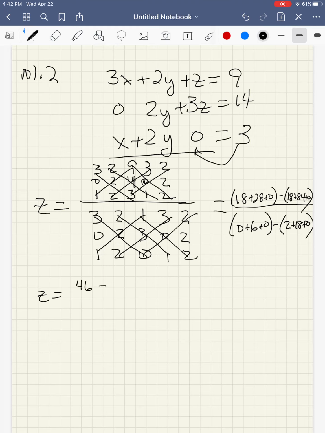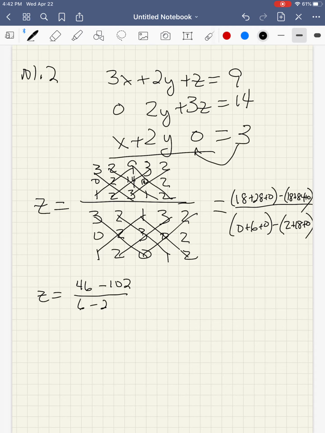So z will be equal to 46 minus, let's see, 4 and 8 is 12, 102 over 6 minus, is that a plus 18? Did I miss a negative somewhere?